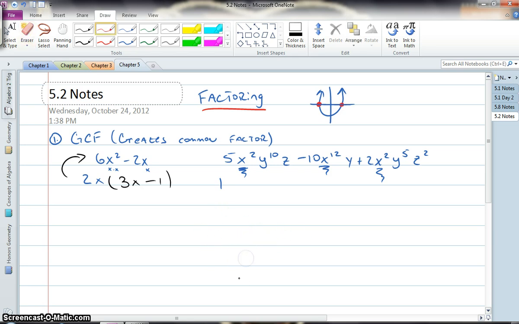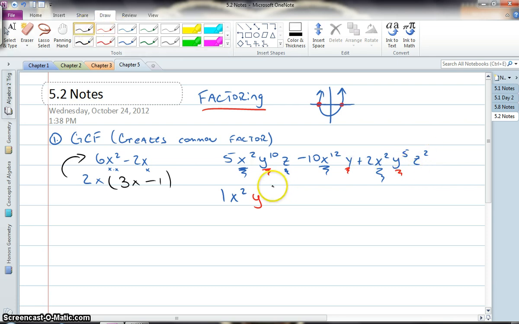So we can take x squared. Now let's take a look at our y's. We have 10 y's, 1 y, 5 y's. So we can take 1 y. And then looking at our z's, we have 1 z, no z's, 2 z's.